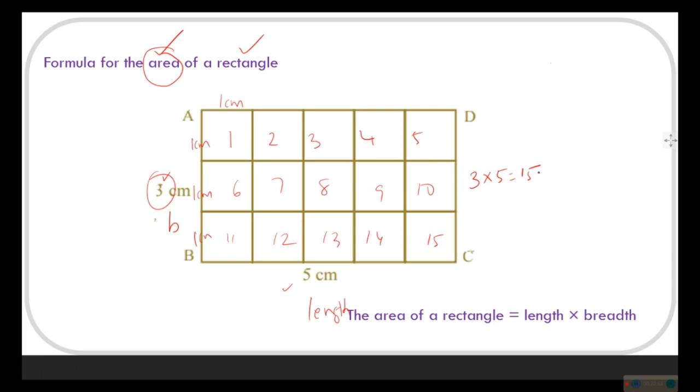So we will say that 15 square centimeters are there as the surface in this particular rectangle, or the area of this rectangle. This is a method. So what is the method? The area of a rectangle can be calculated by multiplying length with breadth, and we will keep the unit the same. If length is in centimeter, breadth also will be taken in centimeter, and then the answer will be right.